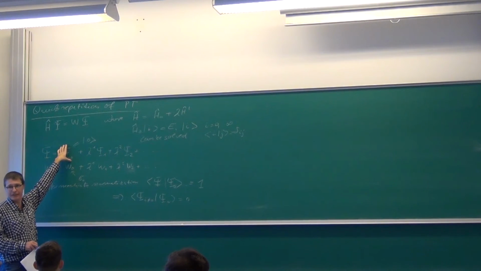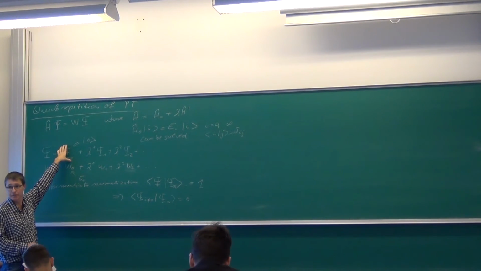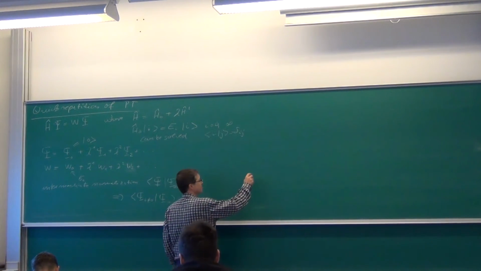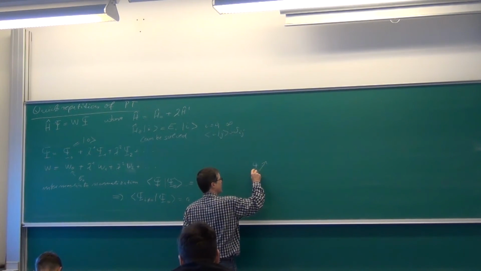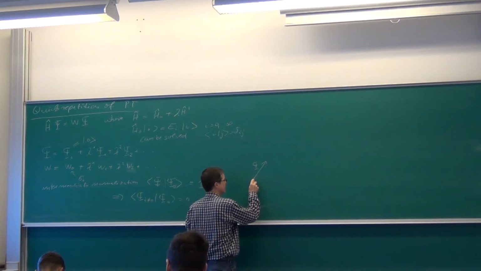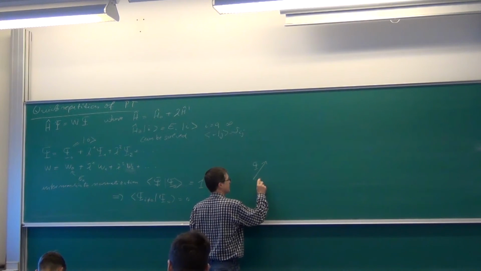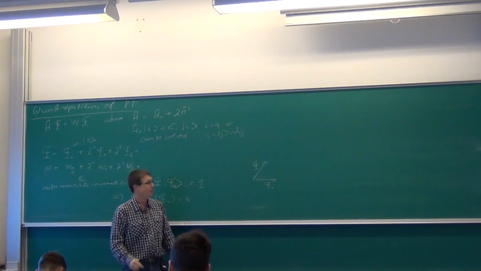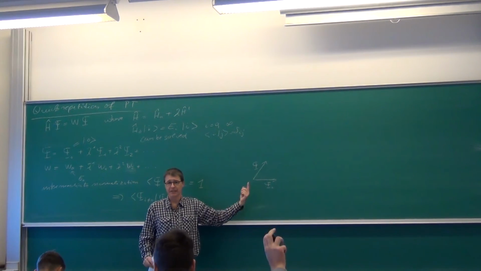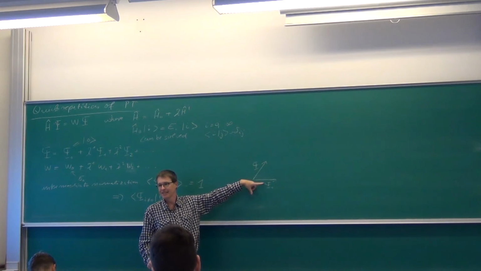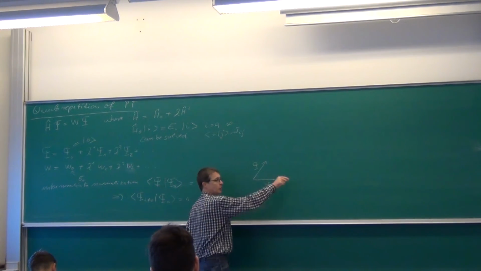If you think about vector space, you think about the functions being vectors in the Hilbert space, which is a vector space, and you're trying to represent some kind of a vector. That's our unknown psi. And now, let's assume that my psi 0 is something like this. So I'm missing the component in this direction. Then there's no point in adding a vector which has more components in this direction.